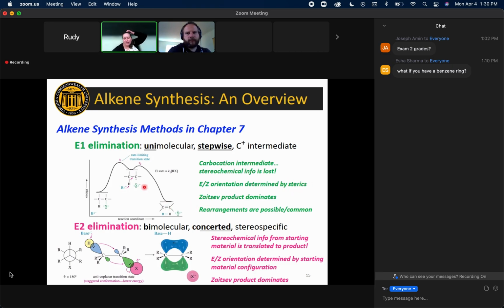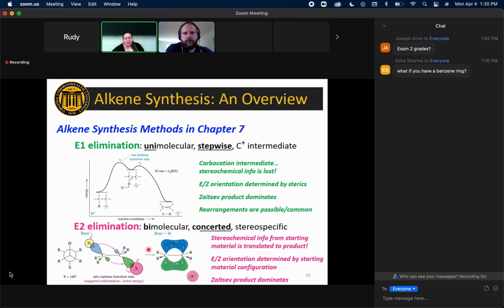You're in a carbocation intermediate, which means all of these bonds to that carbocation are sigma bonds that can rotate. And so that will give you the most stable double bond, right, based on sterics. Also, because you have a carbocation, you can get rearrangements in an E1 elimination scenario.